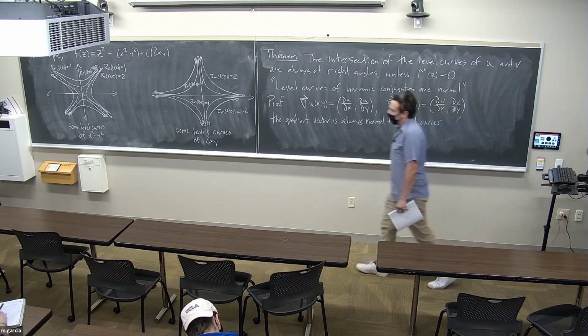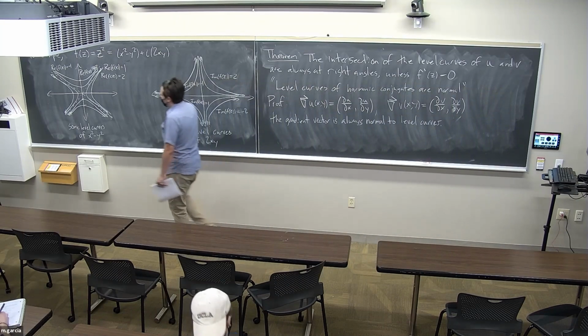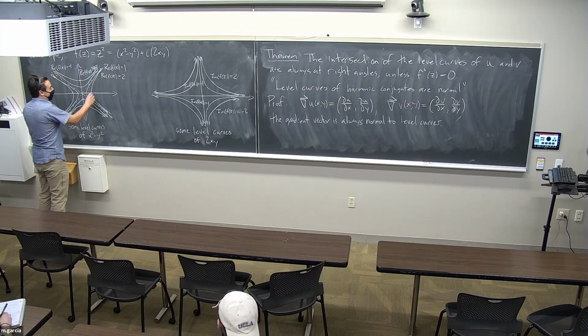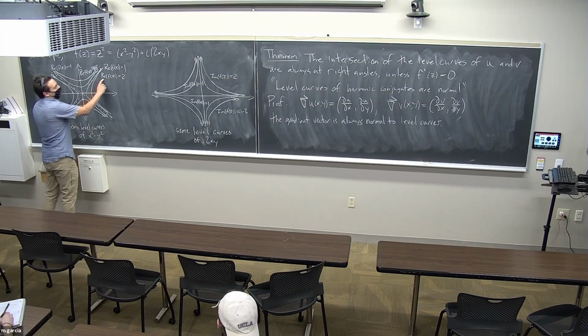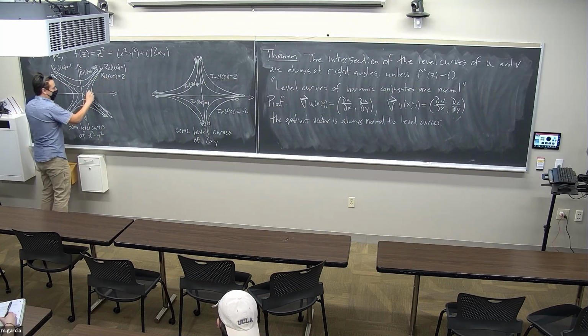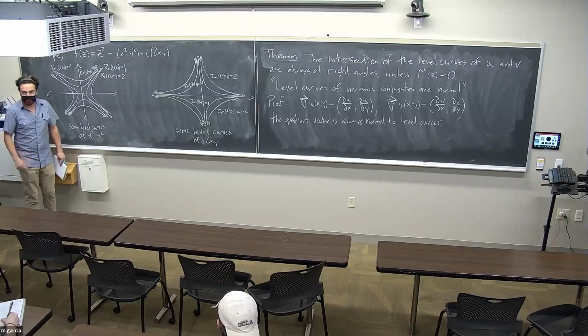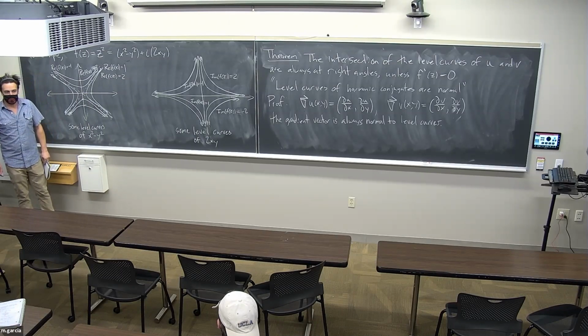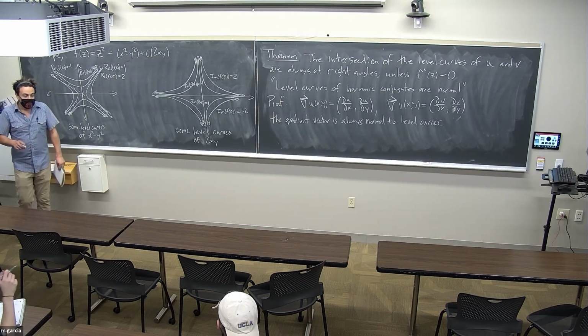So if I want to, say for example, define the tangent line to this level curve when the real part of f of z is equal to 2 at this point, 2 comma 0, how do I do that? How do I specify the tangent line to this curve at this point? Anybody remember that? Tangent line, yeah. You just take the derivative at the point.